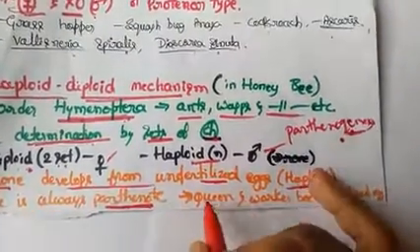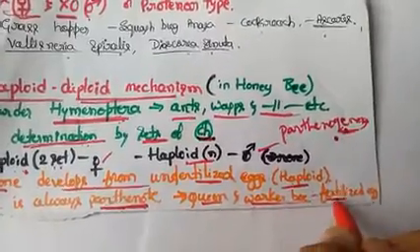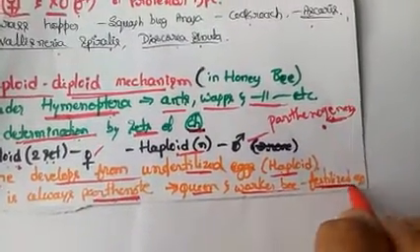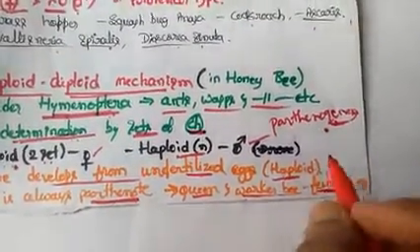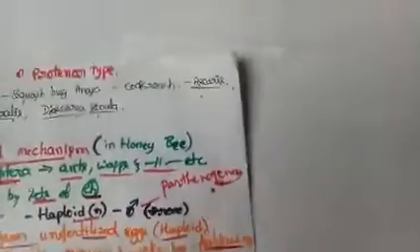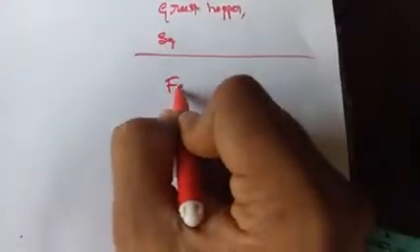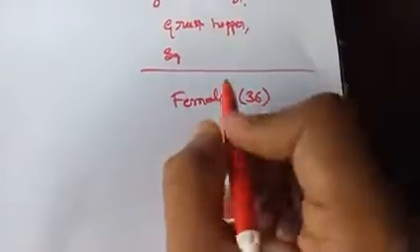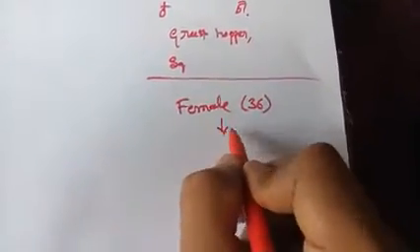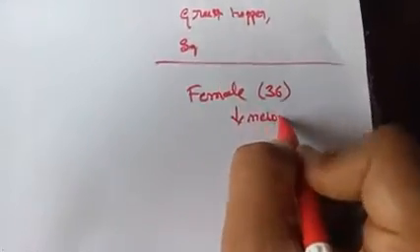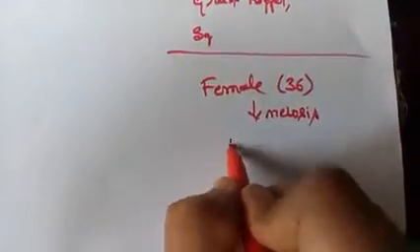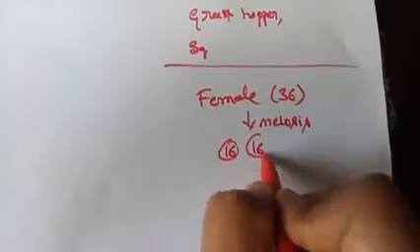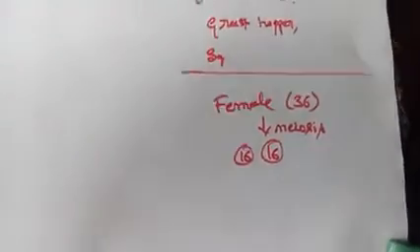But queen and workers both develop from fertilized eggs. Let's see how. If the female honeybee has 32 chromosomes, after meiosis it produces gametes containing 16 and 16.